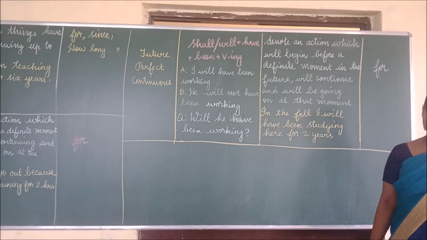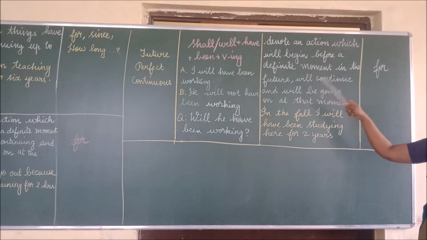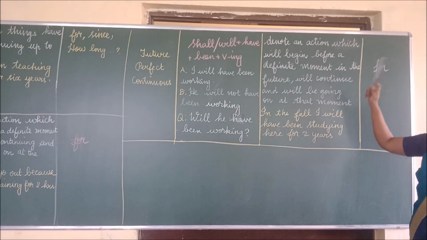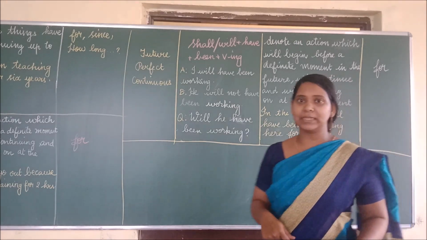It is used to denote an action which will begin before a definite moment in the future, will continue and will be going on at that moment. Keyword for this: for.